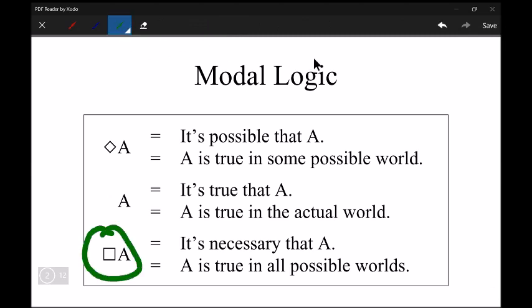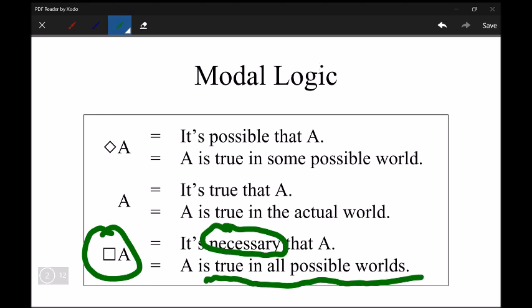It's necessary that A means its denial is self-contradictory. So if you say x equals x is necessary, that would mean that its denial, x doesn't equal x, is self-contradictory, which it is. Another way of saying that is what's necessary is what's true in all possible worlds.